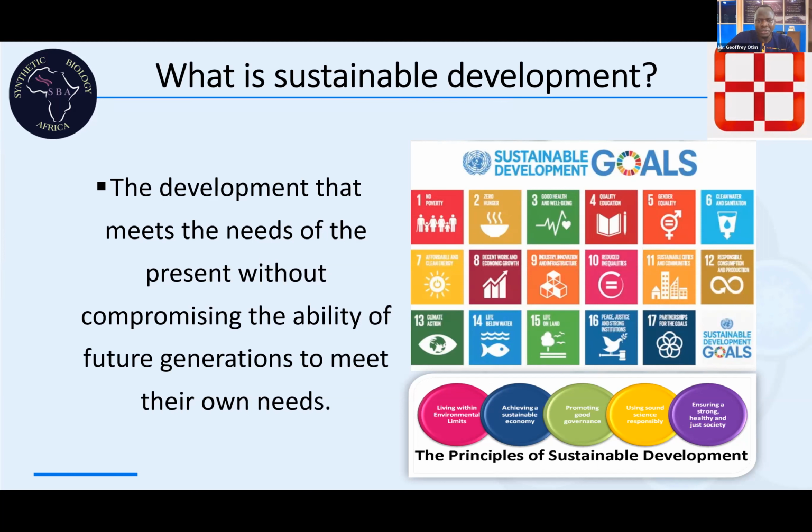First of all, this is the principle of sustainable development: we need to be living within environmental limits. We should not encroach on some of the protected areas because they are there for a purpose. Like if we deforest, if we cut down forests, definitely we are going to get a climatic problem.